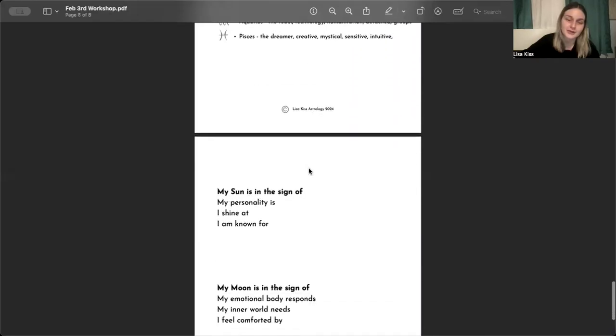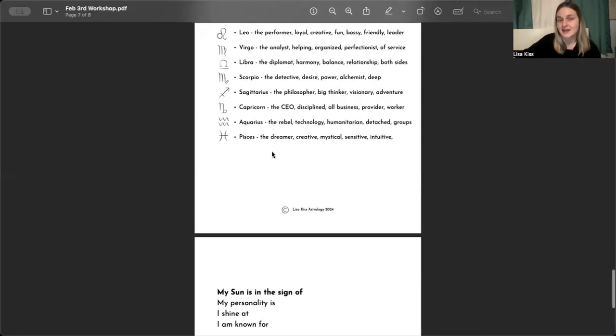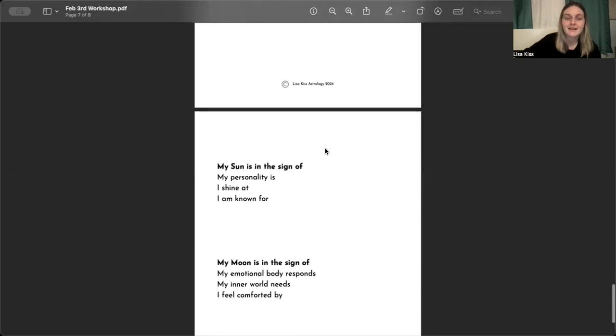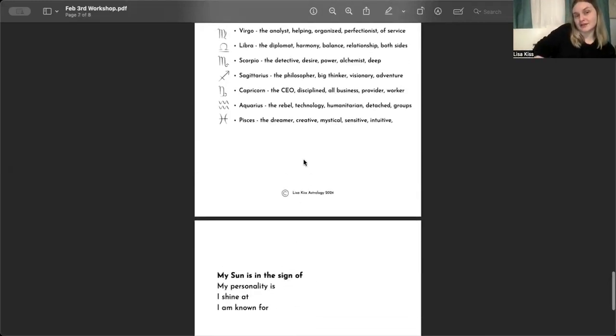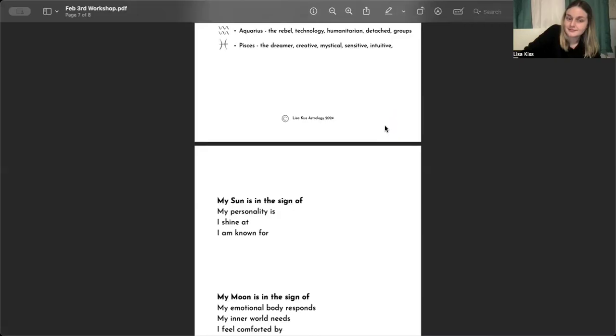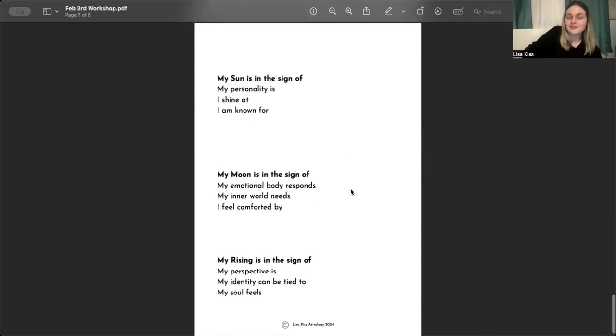All of those work, honestly. My inner world needs silence. That's not there, but silence, or it needs mysticism, right? I love the astrology. And then I feel comforted by creativity, dreaming, alone time, just throwing in more words there.